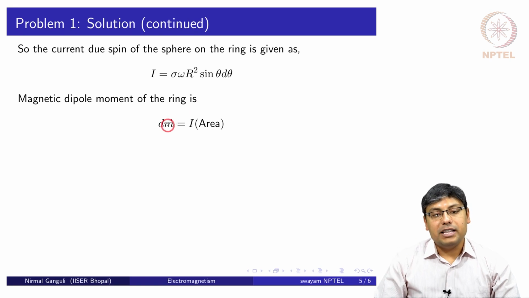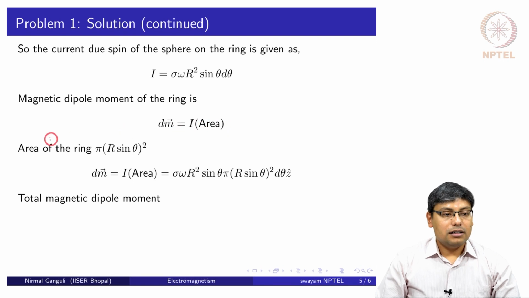So the elemental magnetic dipole moment is dm, and that is current times the area. Area of the ring is pi times r sin theta whole squared, and dm is given as sigma times omega times r squared sin theta times pi r sin theta whole squared d theta, along the z cap direction.